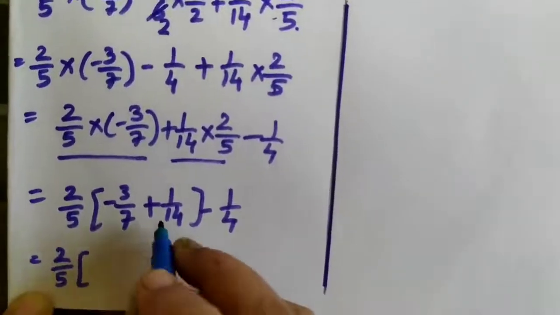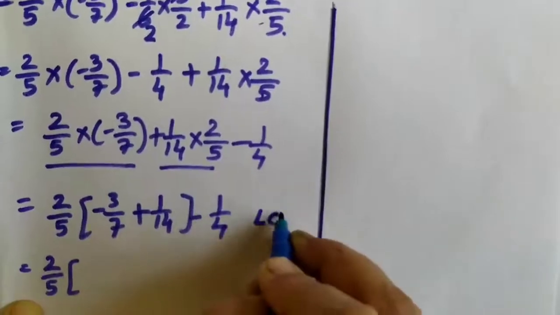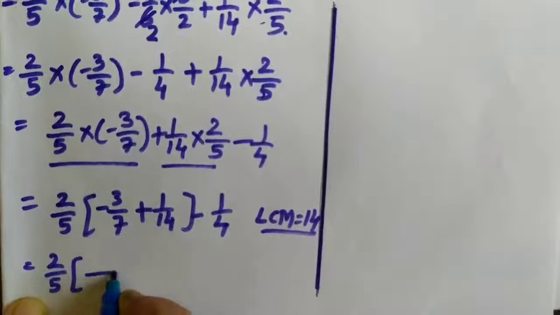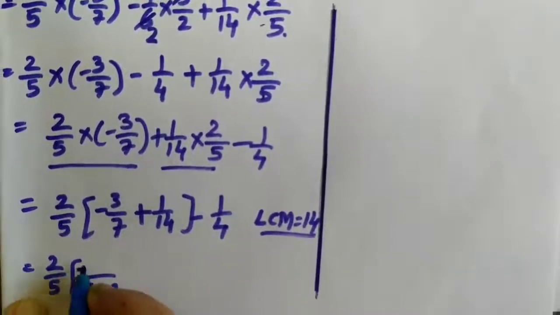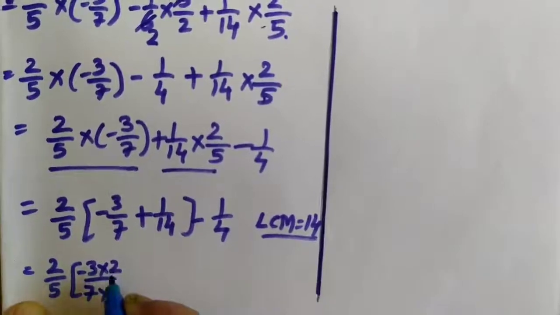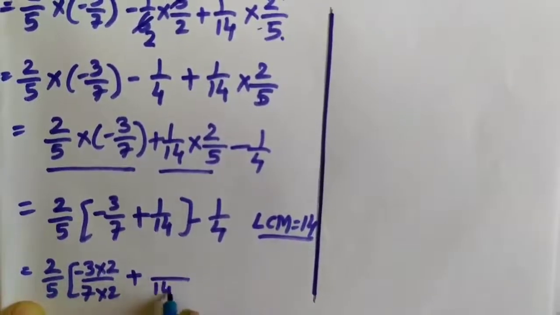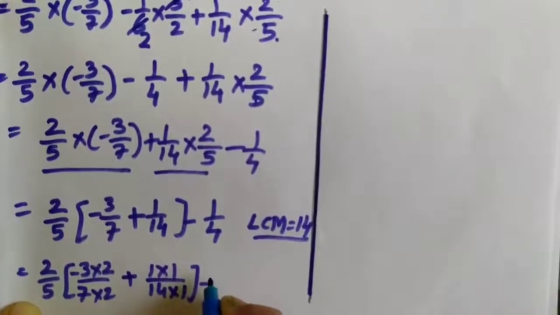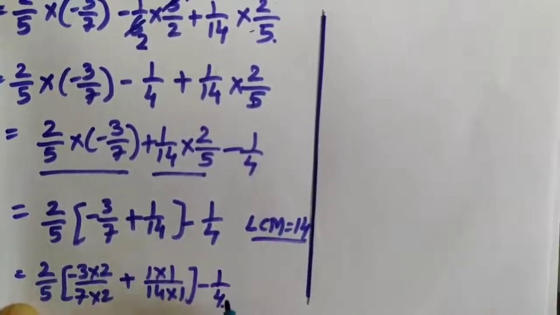Here LCM is 14. We can take the LCM 14. So denominator must become 14 now. 7 2s are 14 and here minus 3 2s are minus 6. Whatever number we multiplied down should be multiplied up, plus 14 1s are 14, 1 1s are 1, minus 1 upon 4.